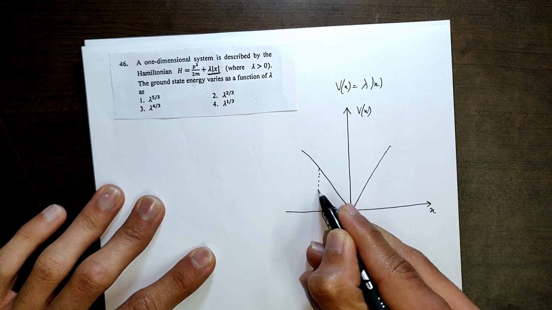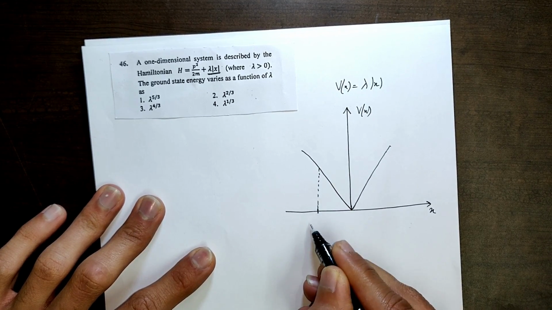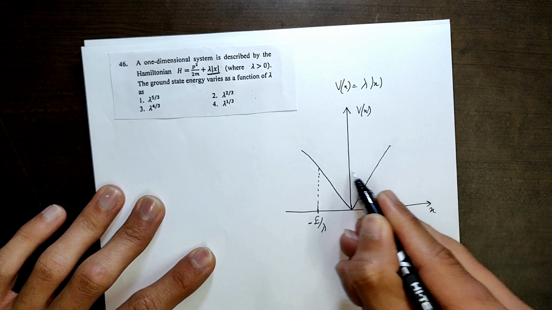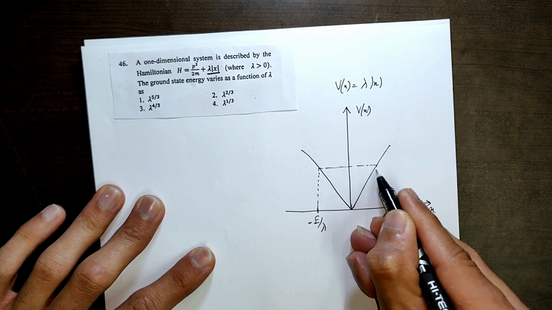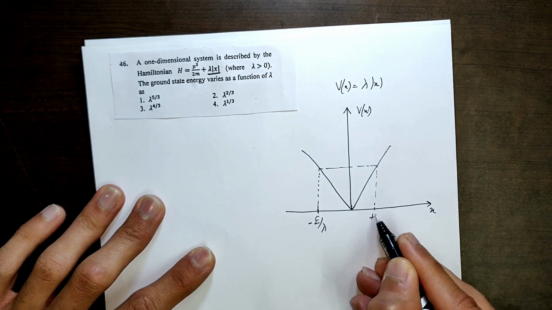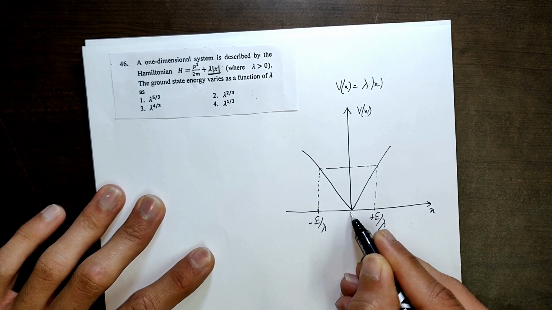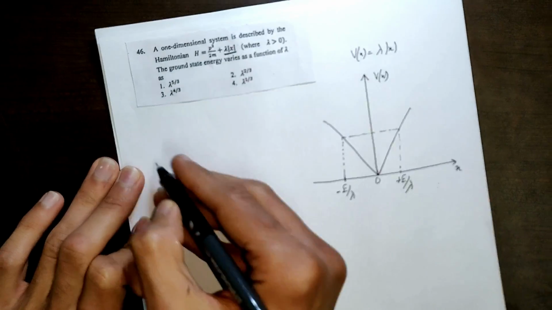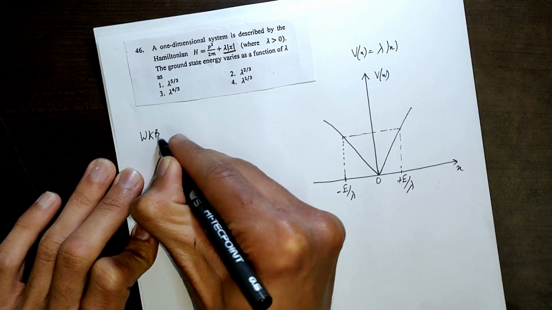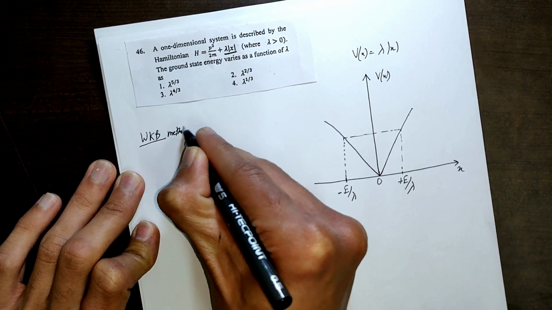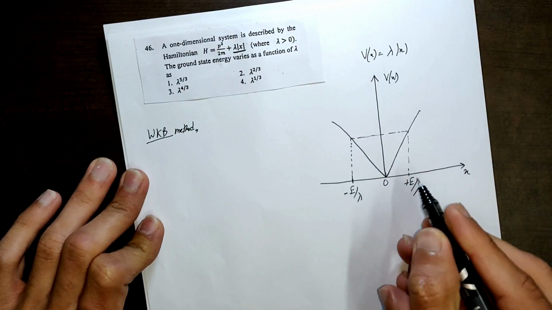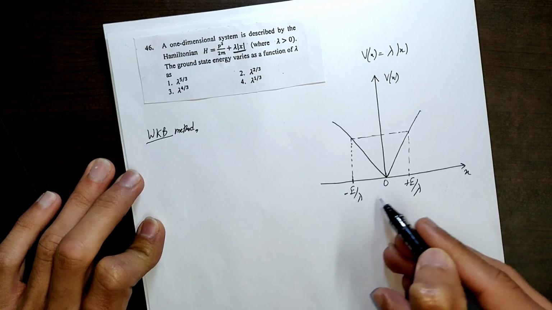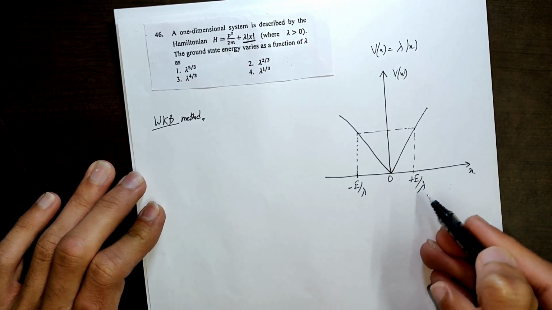So this is a symmetric potential, with boundaries at minus E by lambda and plus E by lambda. This is 0. So by using the WKB method, this is a symmetric potential with two rigid walls at minus E by lambda and plus E by lambda.